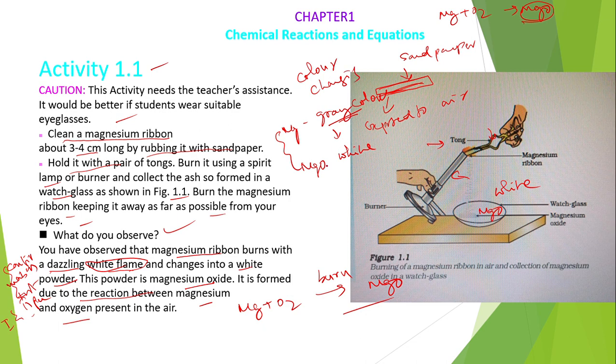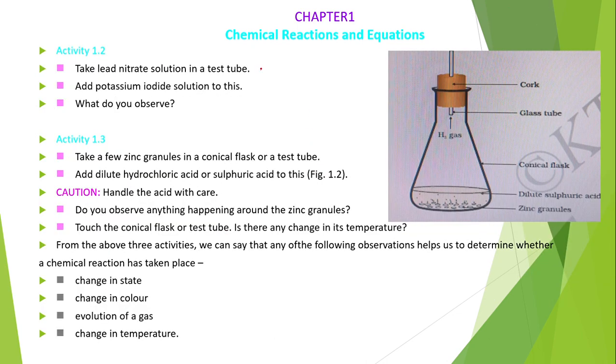His intention is to convey to you that something happened while burning magnesium in the presence of oxygen. And second, you will see what he is doing here. He has taken lead nitrate, Pb(NO3)2, plus KI solution, potassium iodide solution.